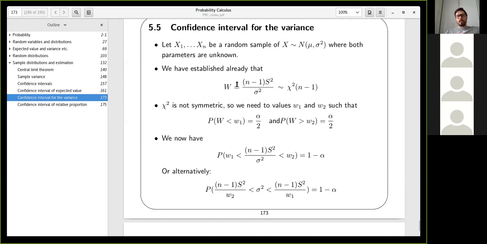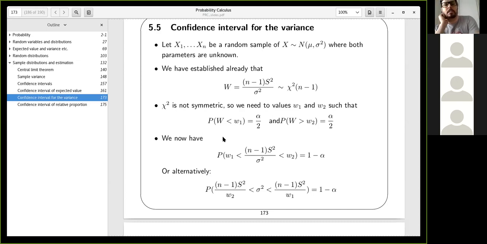But because there's only one unknown here, we can use this to come up with confidence intervals for the variance. This chi-squared is not symmetric, so this time we need to calculate two different values. There's an alpha over 2 probability for being here and an alpha over 2 probability of being in this long tail, because it's cut off at 0 and has this kind of hump shape.